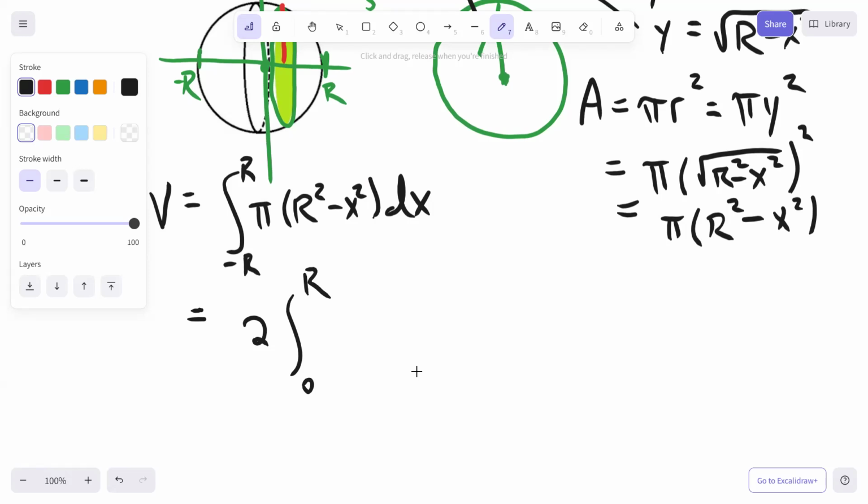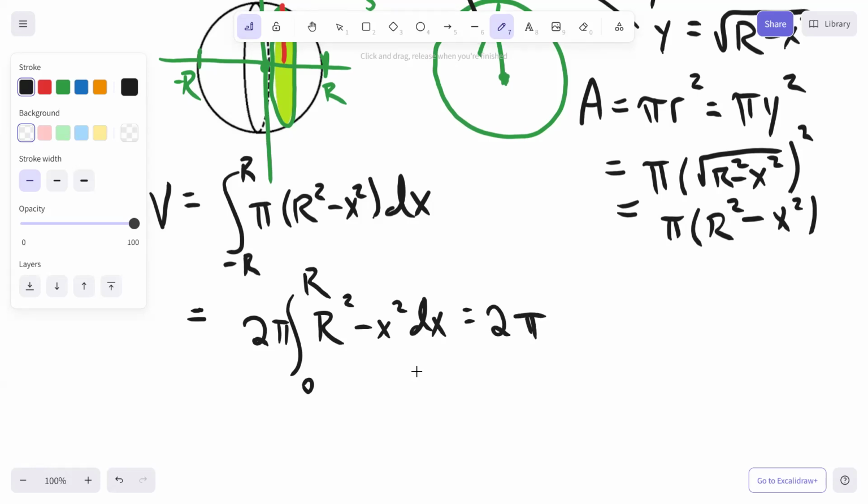That's very helpful when we go to evaluate it after we anti-differentiate. Also, I'm going to factor the pi out since the pi is a constant multiplying everything inside. Then you have capital R squared minus x squared dx. Also, keep in mind that capital R represents a constant and we're integrating with respect to the variable x.